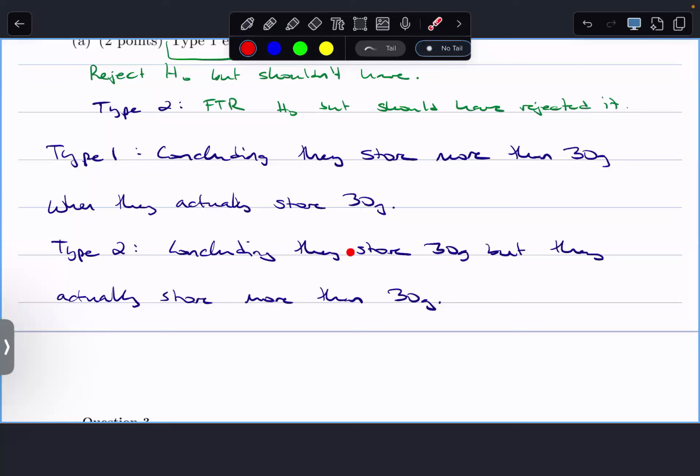Or saying, nah, you don't need to tear down this building, but they should have, that's also bad. So depending on the gravity of the conclusion, in this case, doesn't matter. Oh no, it was more than 30. Oh well. But yeah, just keep an eye out for those type 1, type 2 errors, and I'll throw them on the test.